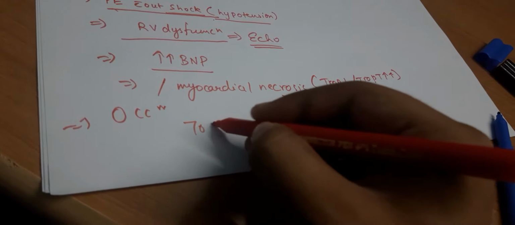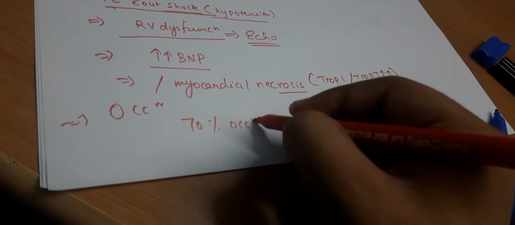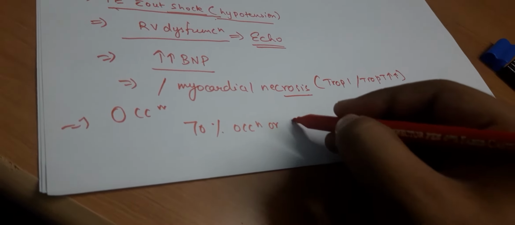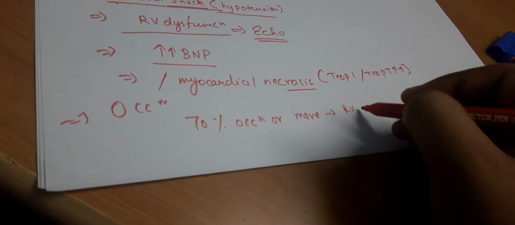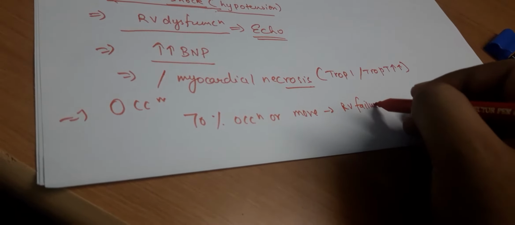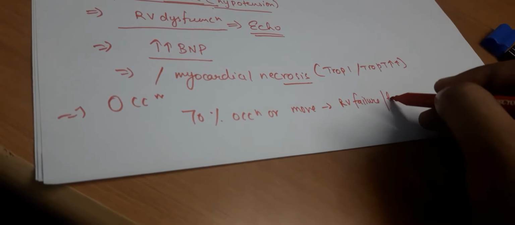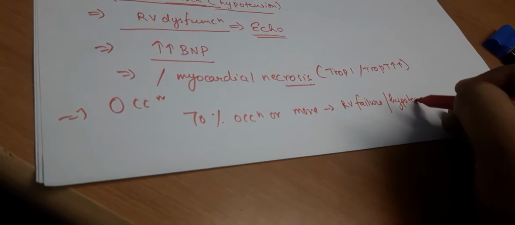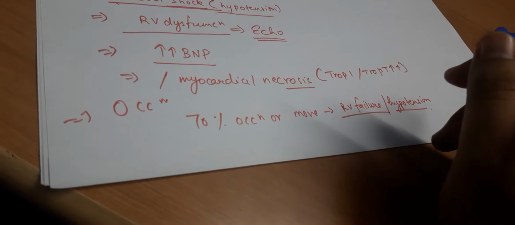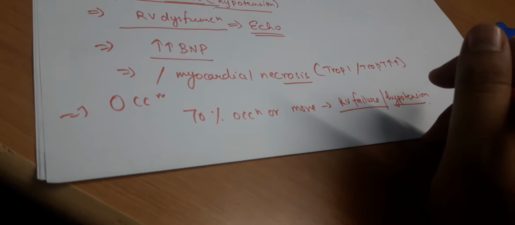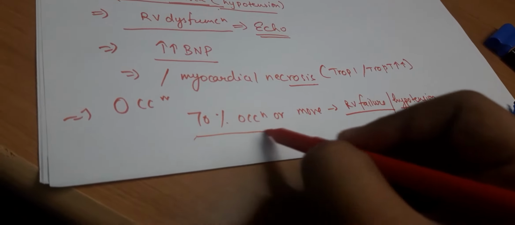So there will be 70% occlusion or more, and there will be RV failure. That is, there will be hypotension in the patient. The right ventricular failure or hypotension will be there, as 70% or more has been occluded.